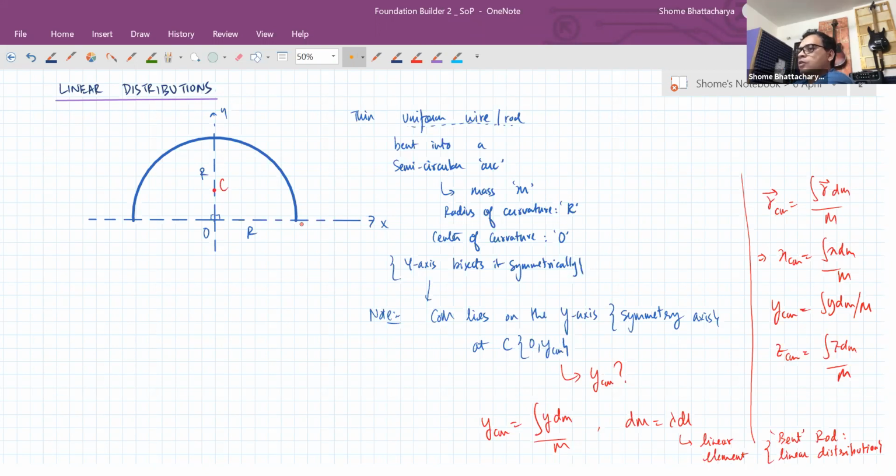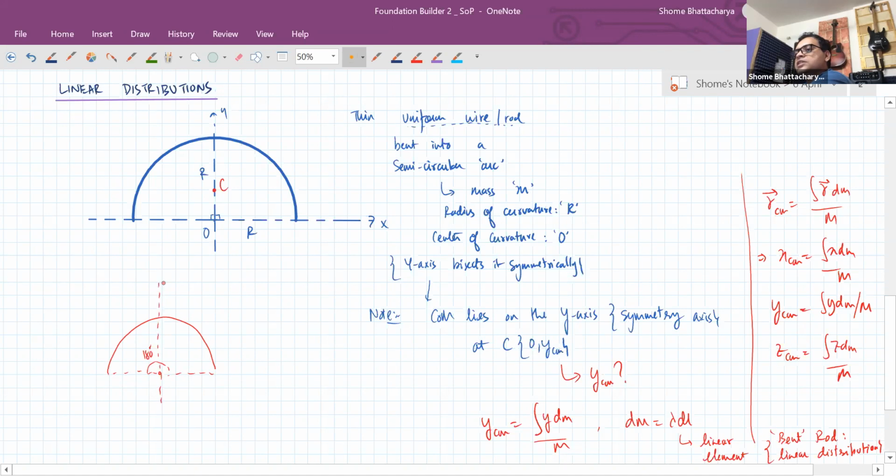That is coming from our geometrical knowledge actually. The semicircle is subtending a total angle of 180 degrees at the center of curvature. So the axis which cuts this angle into two equal halves of 90 and 90 has to be a symmetry axis. Half the mass is on this side, half the mass is on this side, and the distribution of mass is equal.